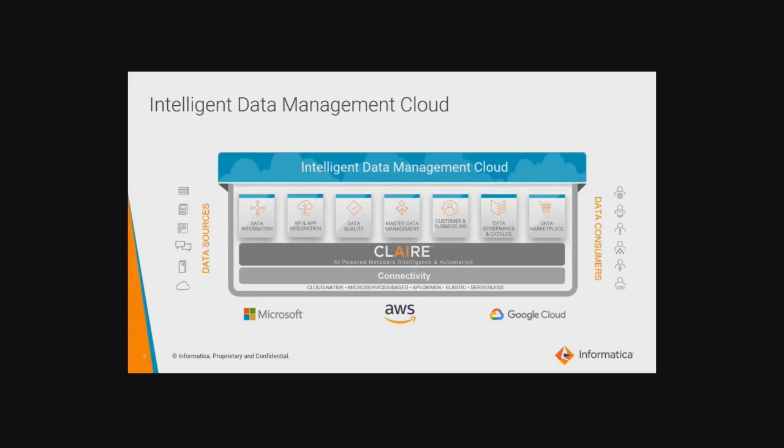The list is pretty large and covers most of the operations you would need to do on data, like data integration, exposing data through APIs, consuming APIs, doing data quality checks, master data management, data marketplace, and data governance and catalog as well.